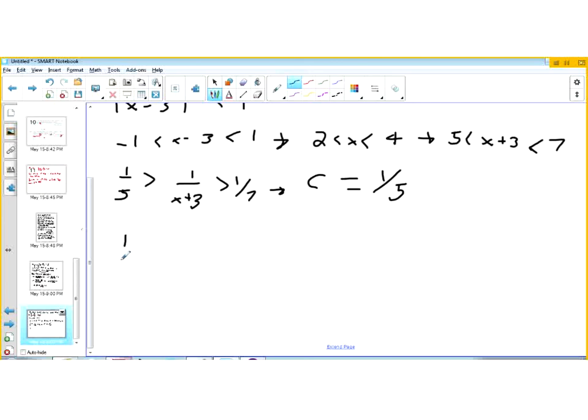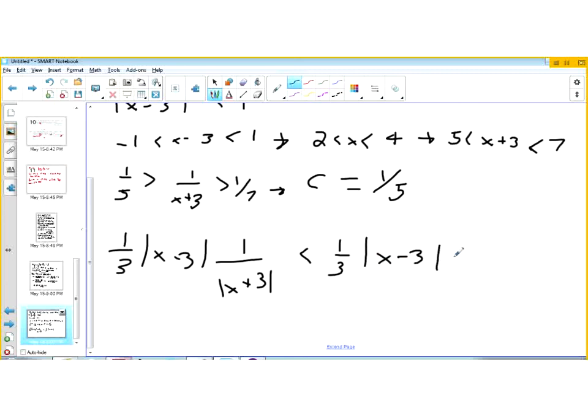So C is equal to 1/5. That's our upper bound for 1 over x plus 3. Going back to the prior statement involving epsilon, we had 1/3 times the absolute value of x minus 3, times 1 over the absolute value of x plus 3, as being less than epsilon.